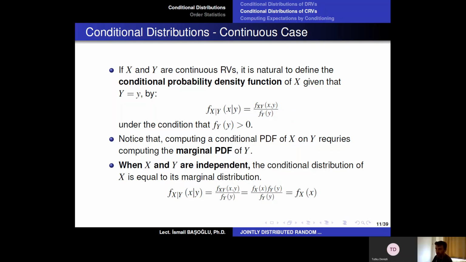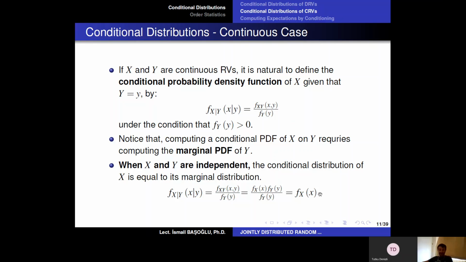Now, just like in the discrete case, we can also check how the independence statement works in this formulation. Let's say x and y are independent. In that case, the conditional probability density function of x given y is expanded exactly as in this formulation. But since the two are independent, the joint probability density function in the numerator can be expressed as the product of the marginal probability density functions, which lets us cancel out the marginal probability density function of y in the numerator and the denominator. Finally, you get the marginal PDF of x.